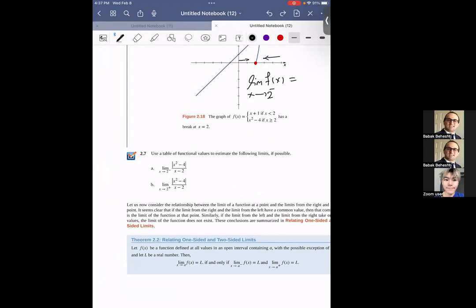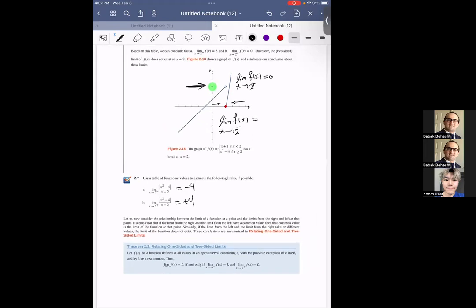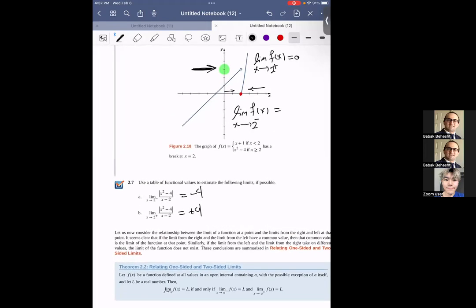So we saw that this limit on the top, the left side limit is minus 4, and the right side limit is plus 4. And be careful, it doesn't mean that the right-hand side and left-hand side limits are always negative of each other.